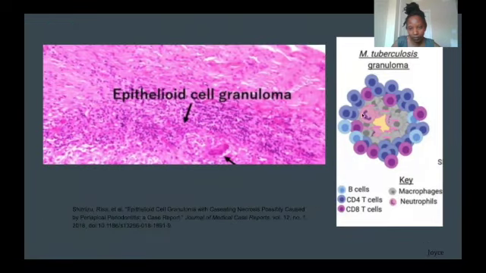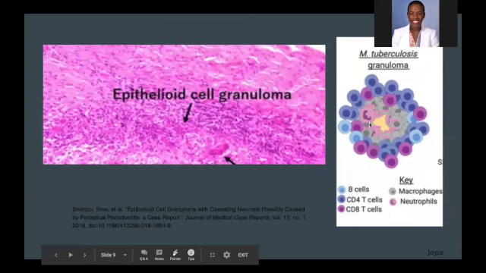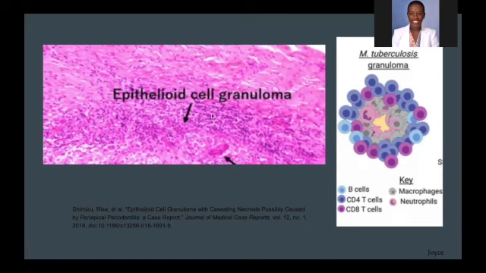Macrophages and white blood cells are going to form a granuloma, and this is when 95% of the infected individuals have latent TB, because the pathogen is going to get trapped inside these granulomas, and it's going to be inactive for a while. So this is what a histological picture of a granuloma looks like.